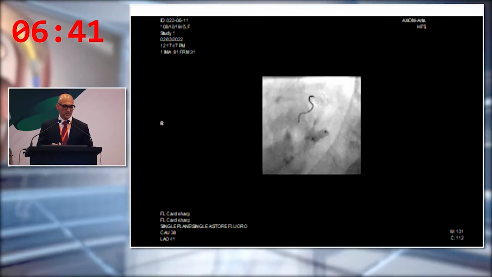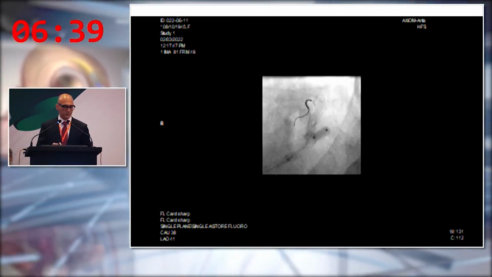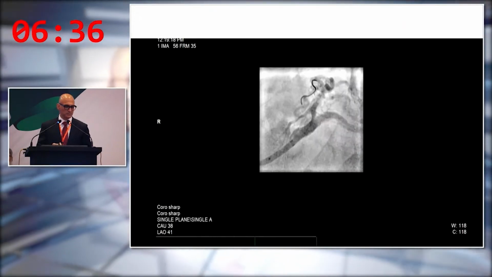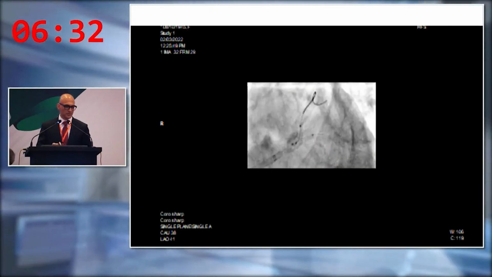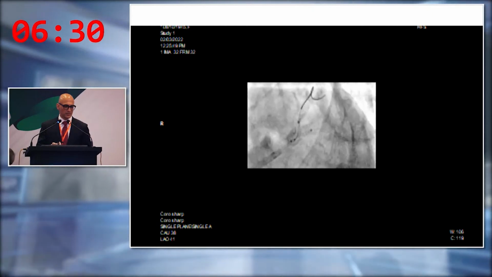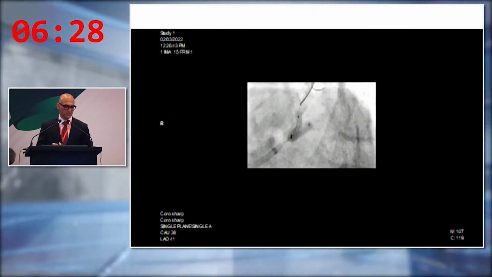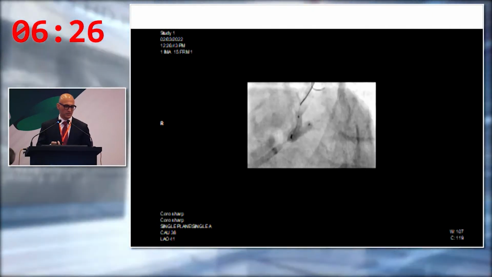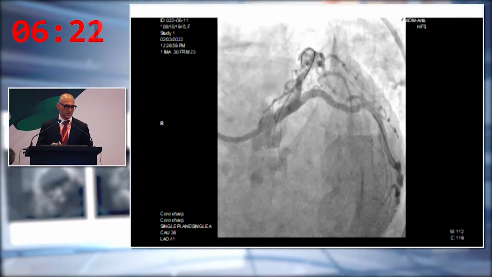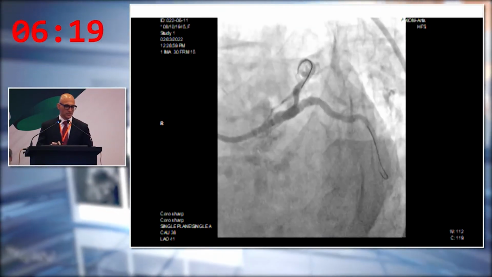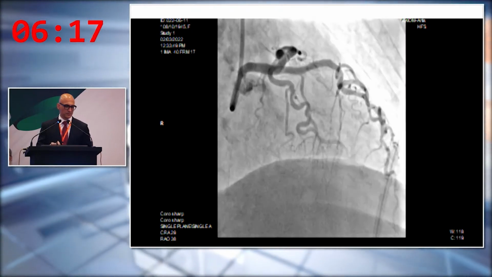The segment of the stent in the proximal circ was further optimized, and that's the result after that. Final kissing balloon angioplasty was performed. POT was done again. I don't have the images for that, unfortunately. But the ultimate result was pretty good.